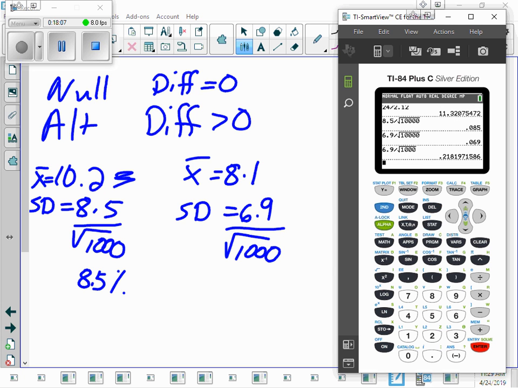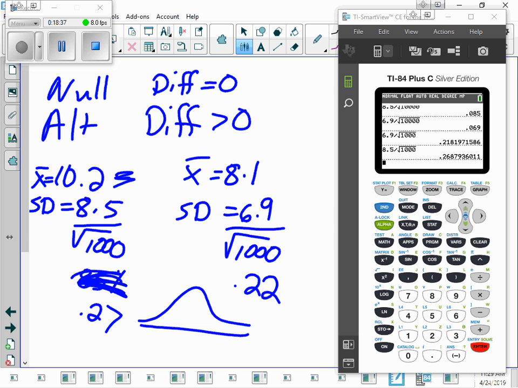Okay, so this is actually, oh, these are averages. So it's 0.21, 0.22. And then 5 divided by the square root of 1,000. And I get 0.27. All right. So I put 0 in the middle.